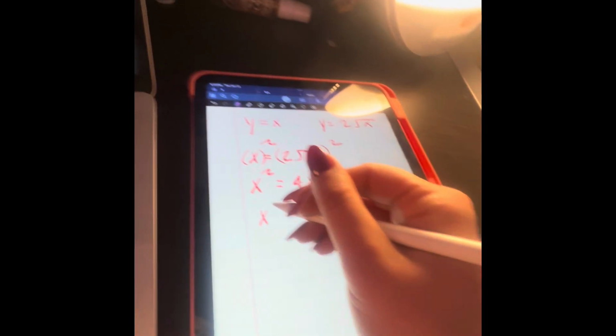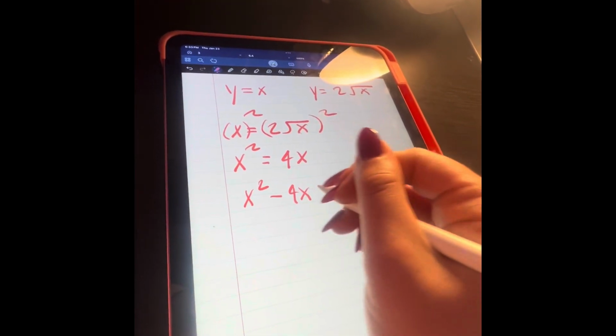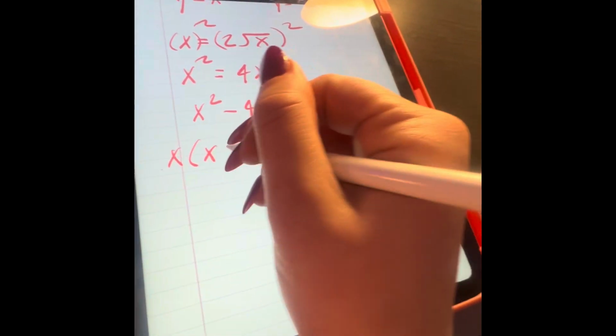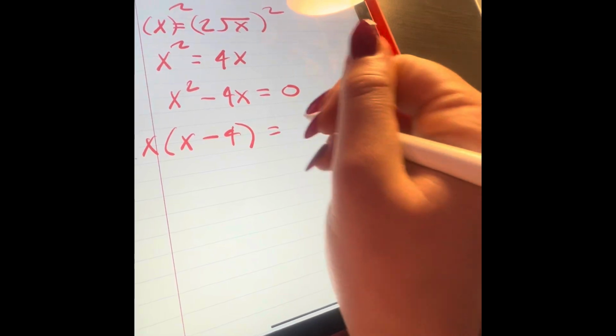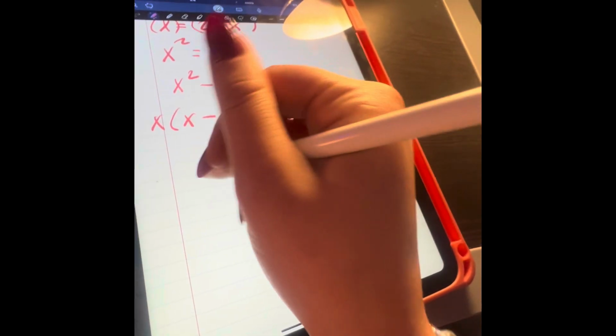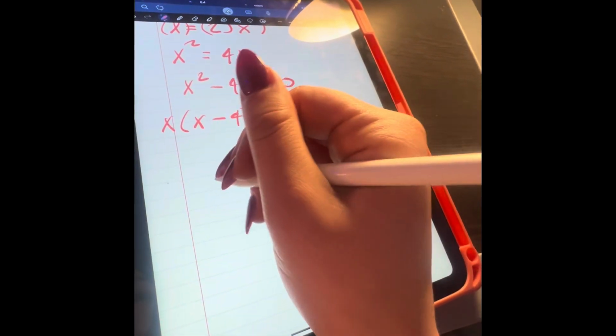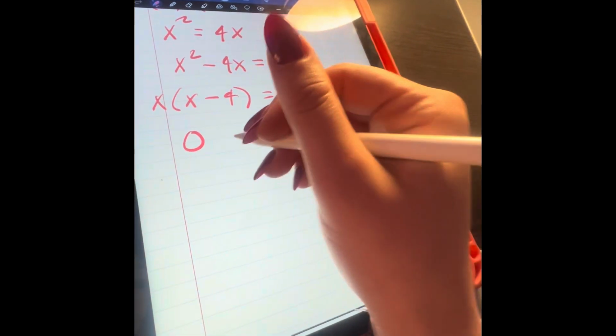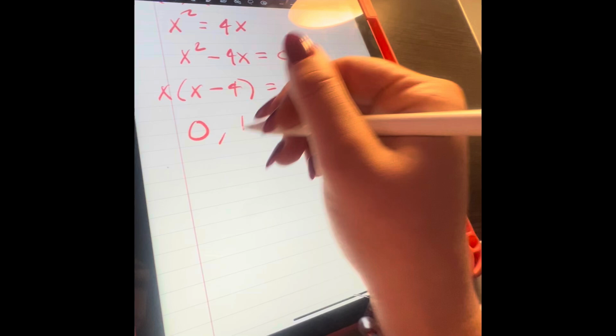Then we subtract it over here to equal 0, and then we can factor out an x, so x times (x minus 4) equals 0. So then we know our integral bounds, our a and b, are going to be 0 because of that x, and then a positive 4.